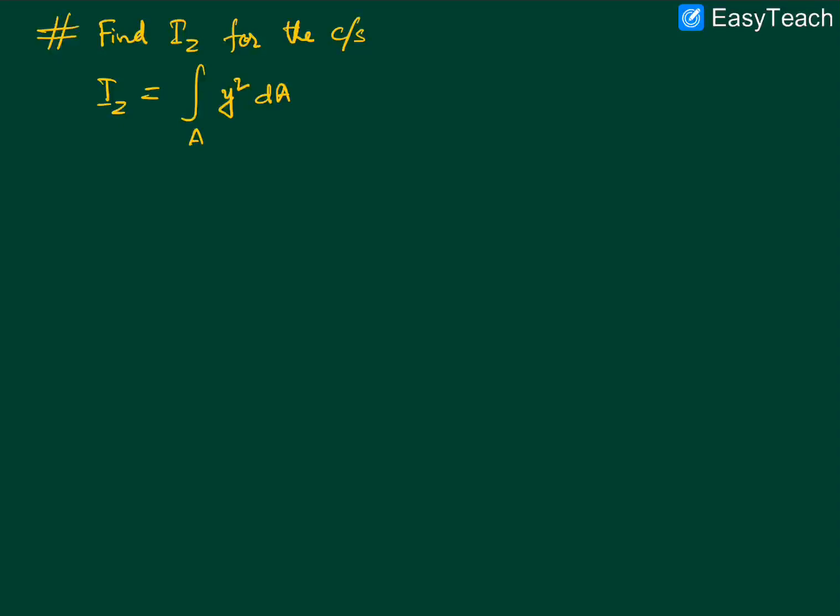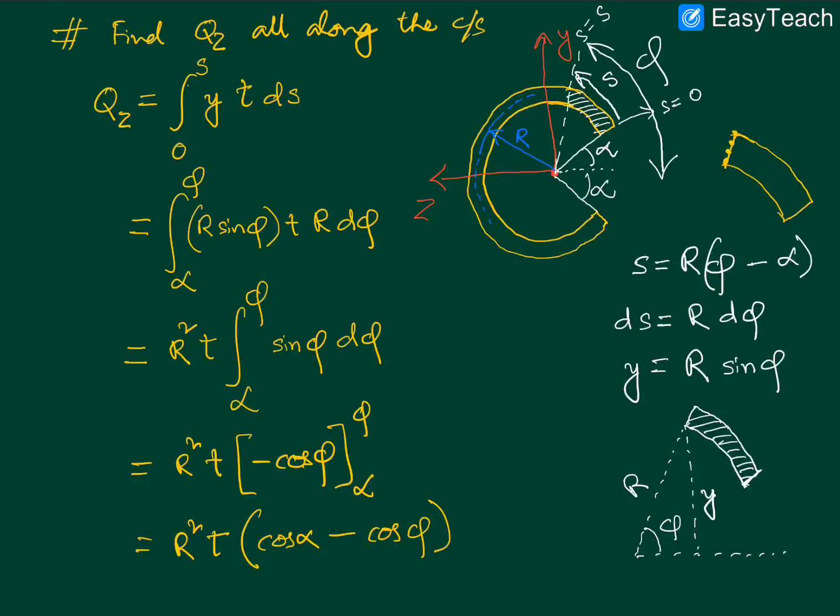So this y will be exactly like before, where we had written it as r sine phi, and the dA, if we just take a look at the previous diagram, the dA will be for a generic little element here.